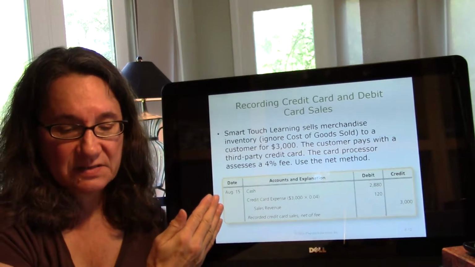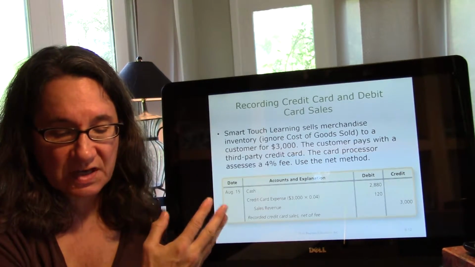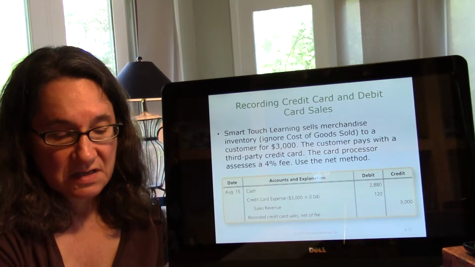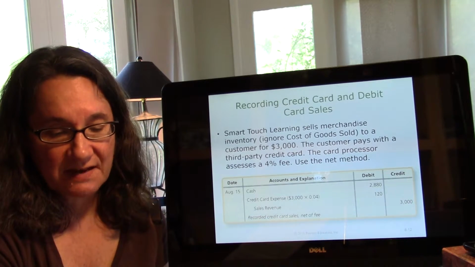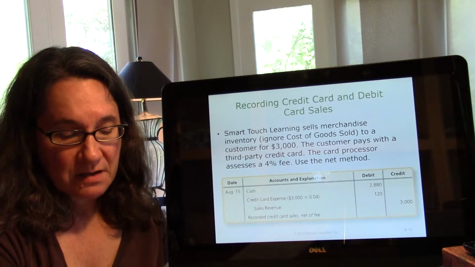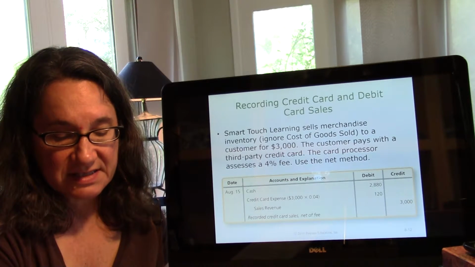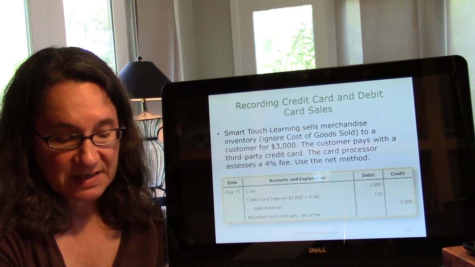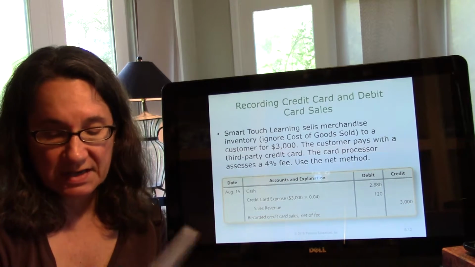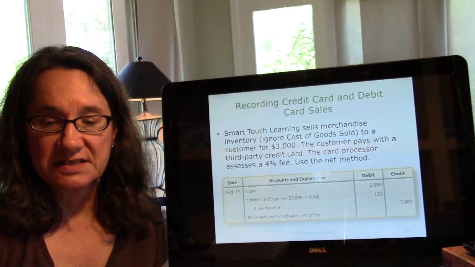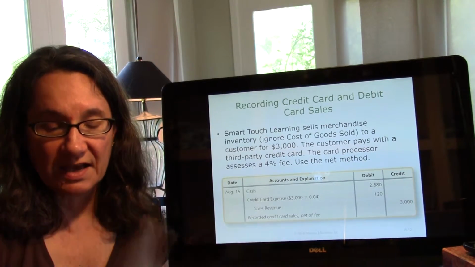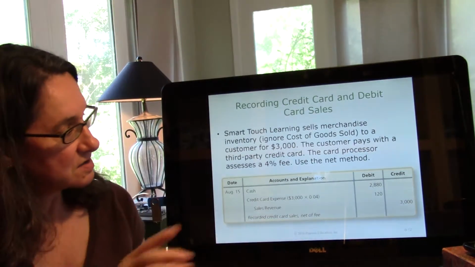On August 15th, Smart Touch Learning sells merchandise to a customer for $3,000. The customer pays with a credit card. The credit card company assesses a 4% fee. The full $3,000 is credited to sales revenue. 4% of the sale, or $120, is charged to credit card expense, and the net amount of cash is debited to the cash account.